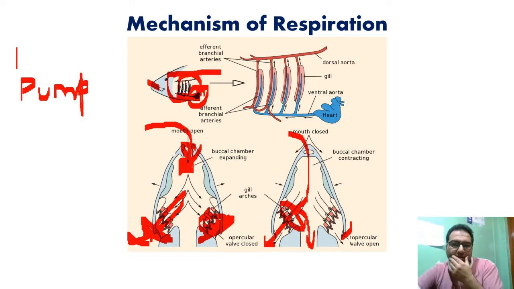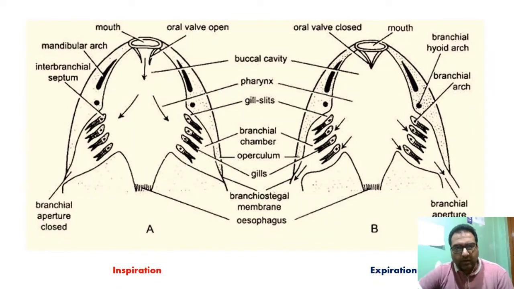So it has a respiratory function as well as a function in digestion, because it helps in the capture of food particles, whereas its second function is that it protects the gill filaments, which are very delicate.